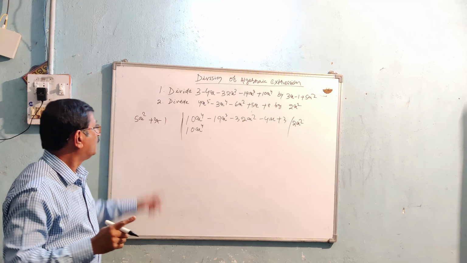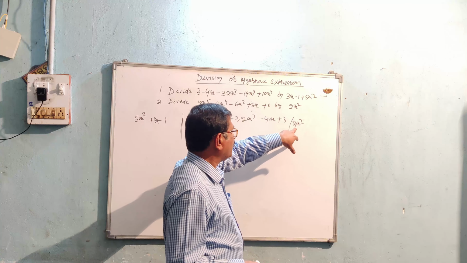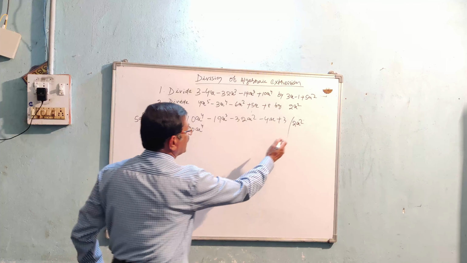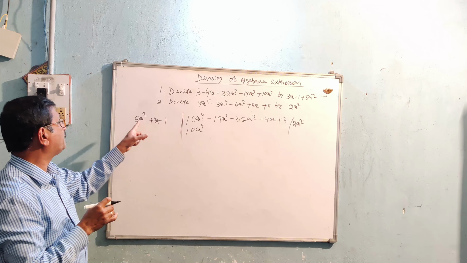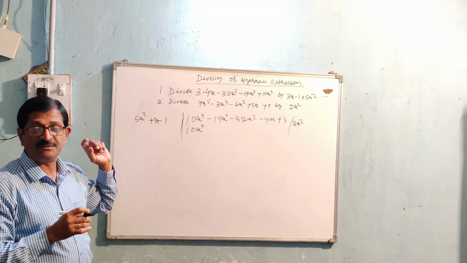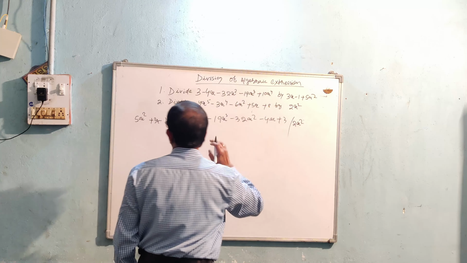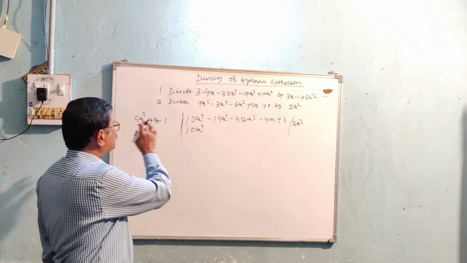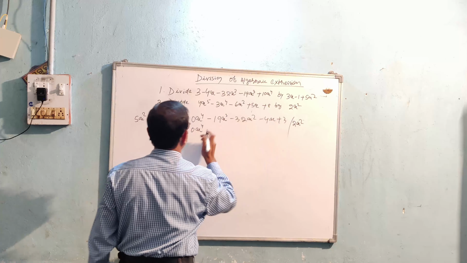And one thing, whatever term you have taken in this part, you have to multiply with each of the terms of the divisor. You should remember it. It is very much important. So 2x square, thereafter plus 3x is there. So 2 into 3, 6, and x square into x, that is x cube, and both are positive.